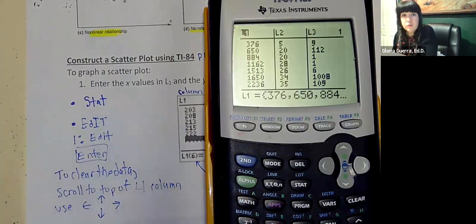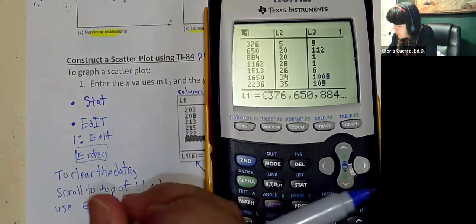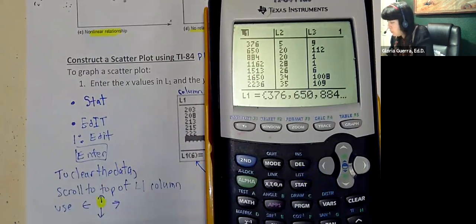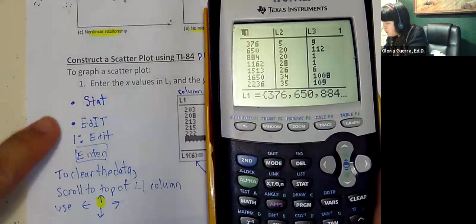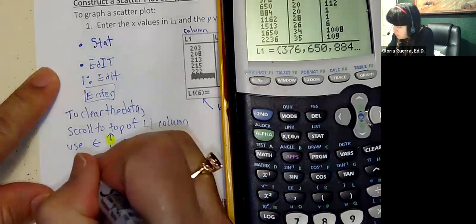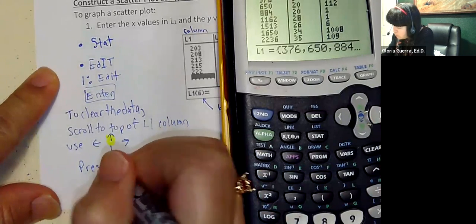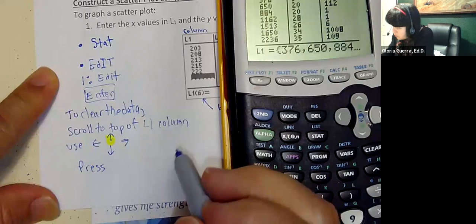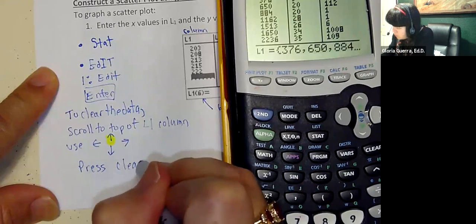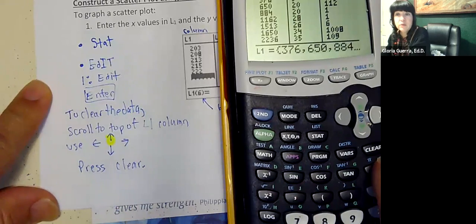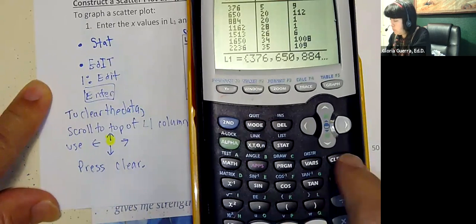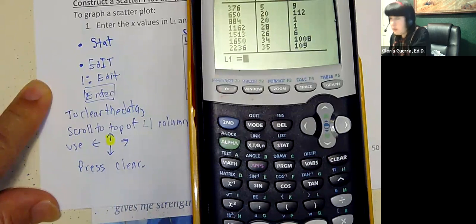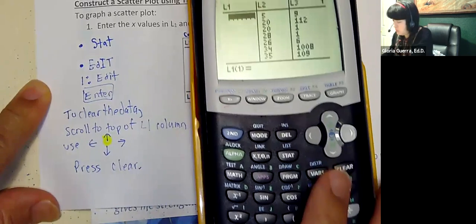You're going to be using this top one. I had to go to the top there. See how that's highlighted? And then you want to press clear. See, clear is right here. Just press clear, and then press enter. See how the data just disappeared?